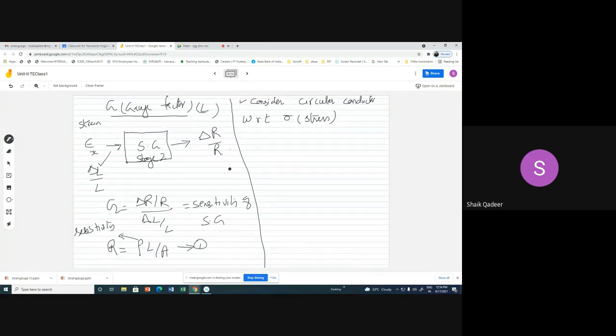I'm quickly writing, using D only and not the partial differentiation representation. Whatever you want, you can use, no problem. But this is partial differentiation.